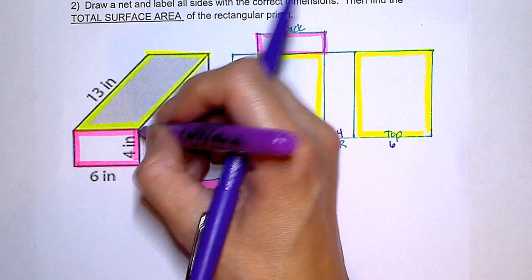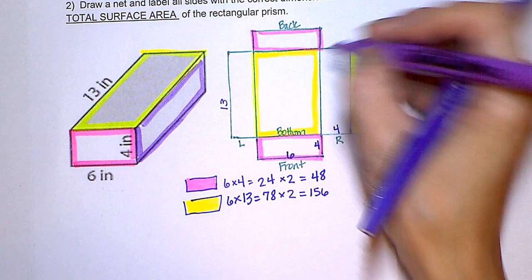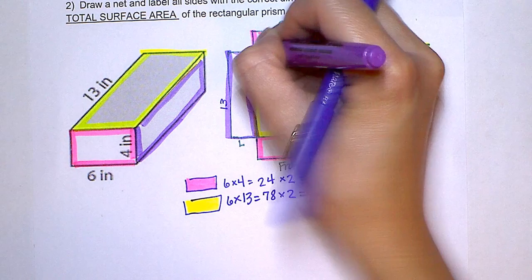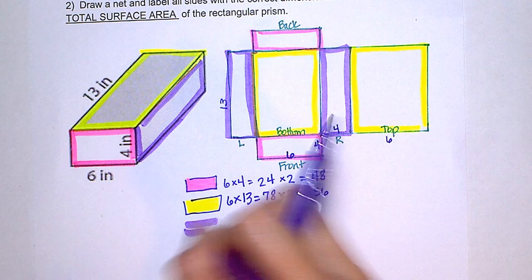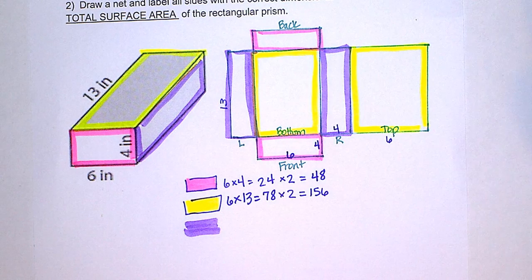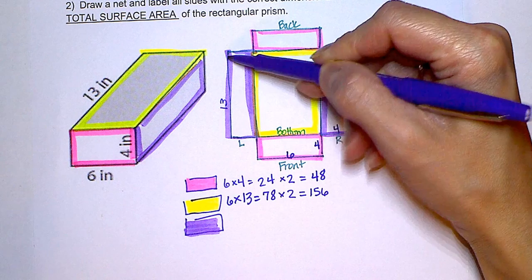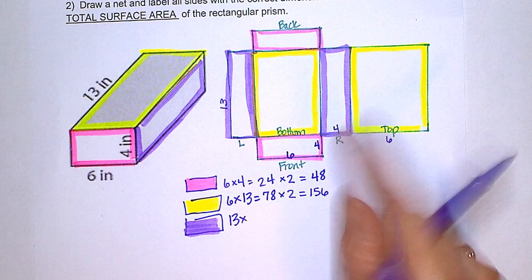The right and the left side. So that's this left and the right. And we want to calculate the area of those 2 rectangles. Well, the length is 13, and this little tiny edge right here is 4.